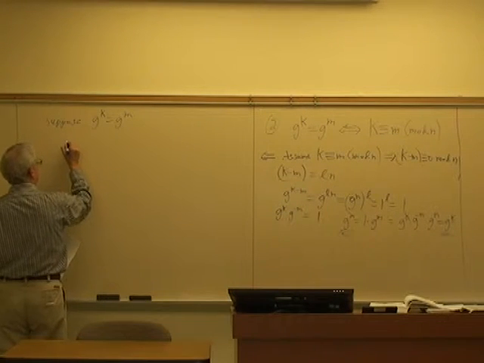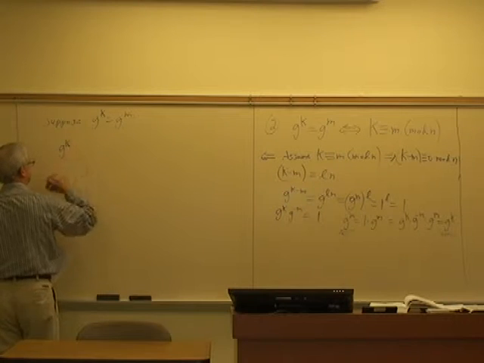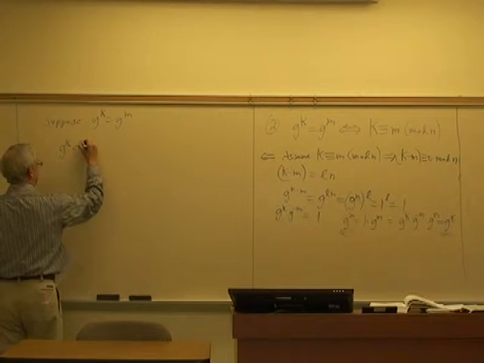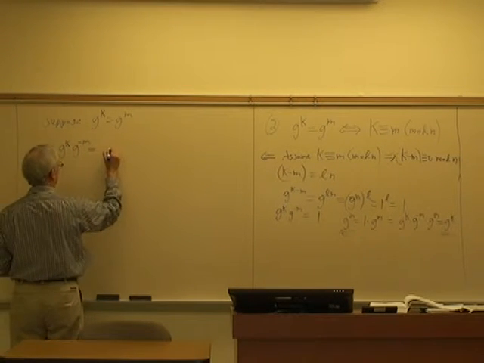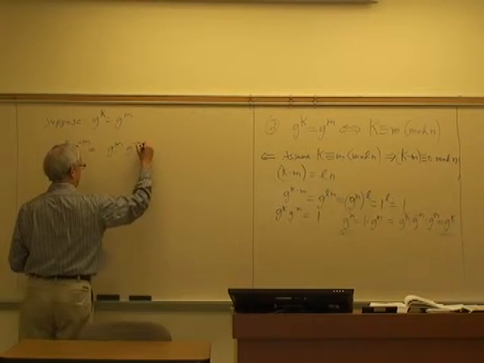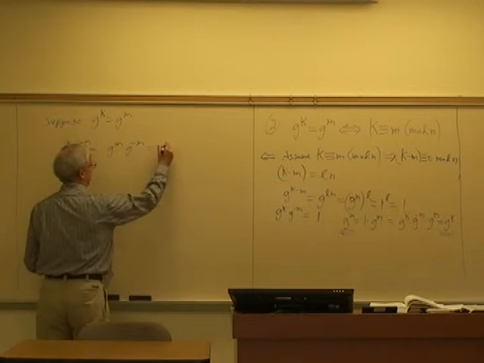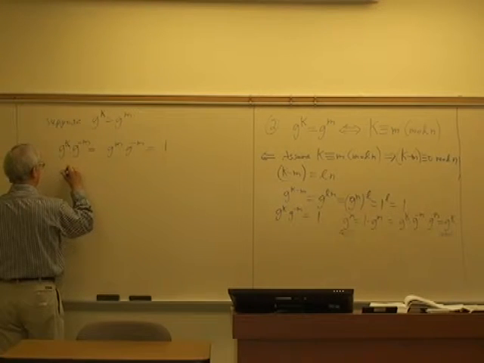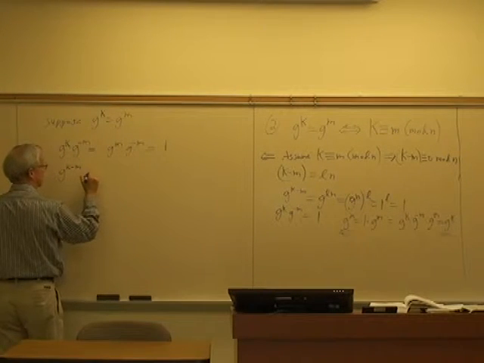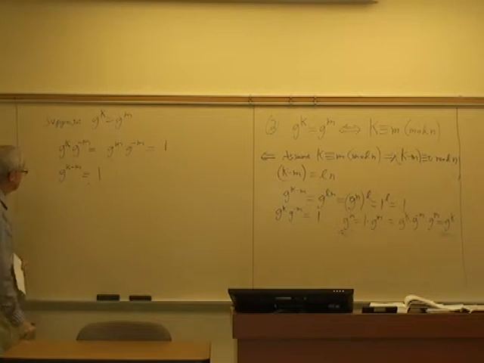Well, then clearly g to the k times g to the minus m is equal to g to the m times g to the minus m. Well, what's that equal to on the right side? 1. So g to the k minus m is equal to 1.